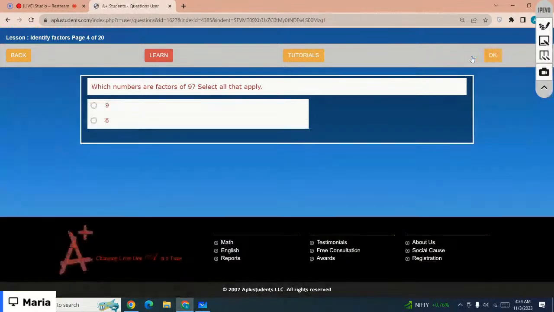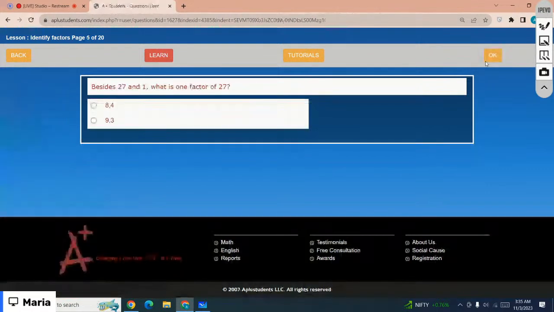Okay, which numbers are factors of 9? Which is the correct option? Yes, this is 9. 9 is a factor of 9. 8 is not a factor, right?